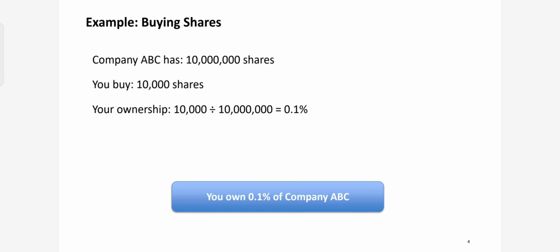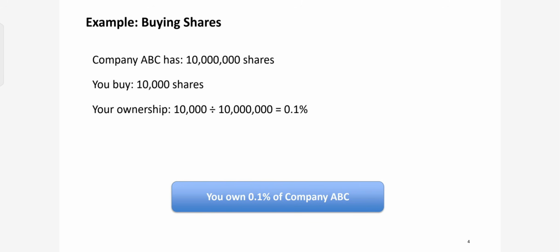A good example is ABC Limited, which has 10 million shares. Say you go ahead and buy 10,000 shares in that company. In order to get the value of ownership you have, you need to take those 10,000 shares, because you own just part of that company, not the whole aggregate.